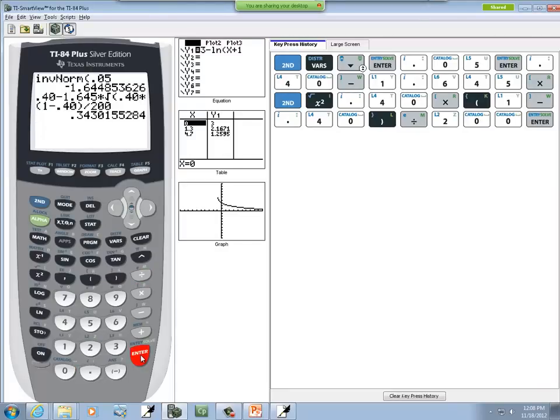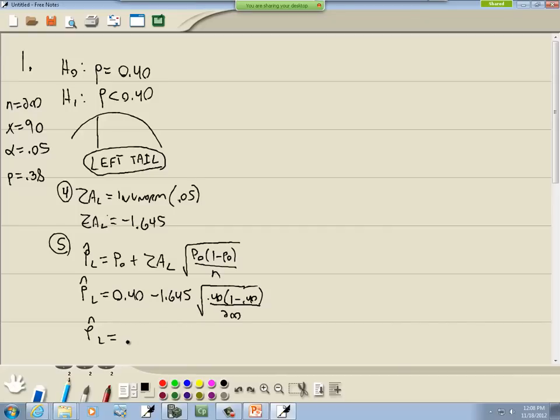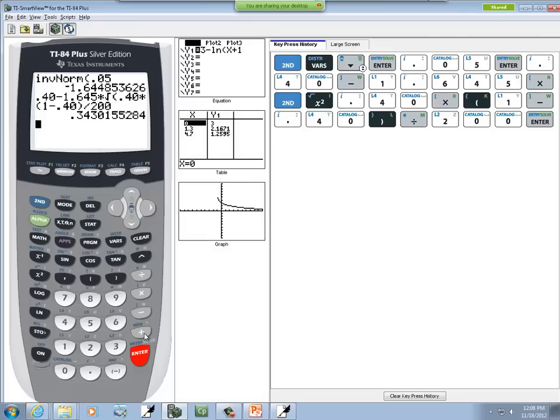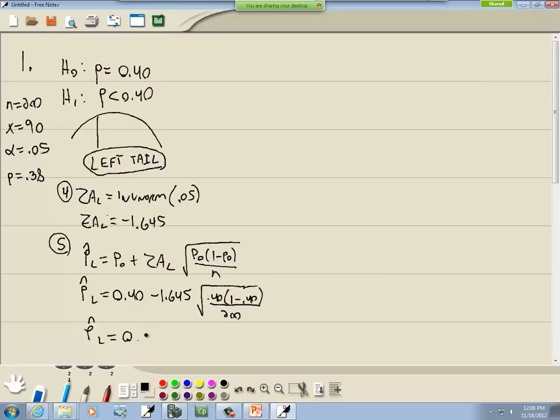Enter. Let me double check my entry there. Times 0.40 times 1 minus. Okay, so we got 0.343.